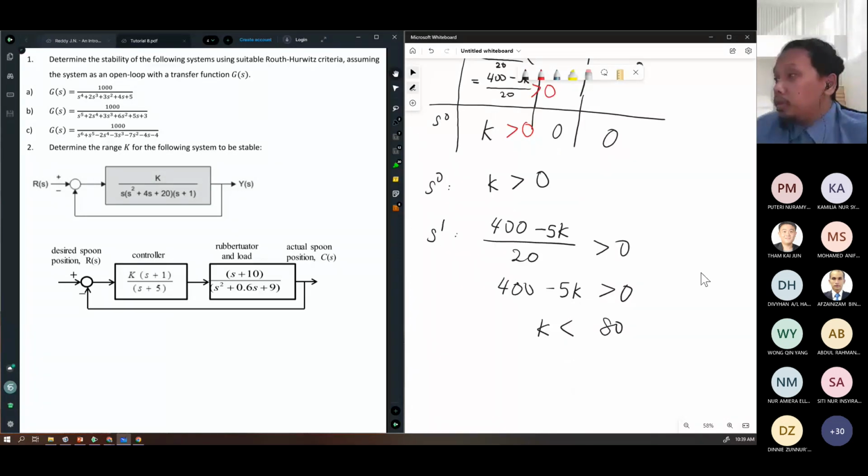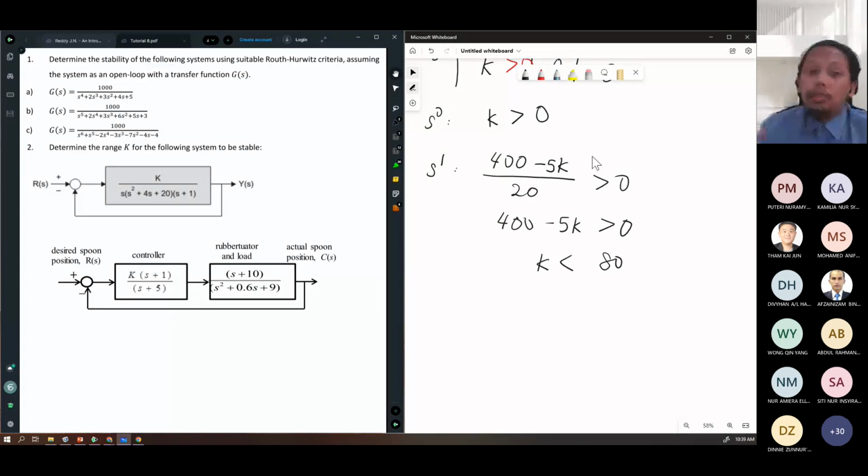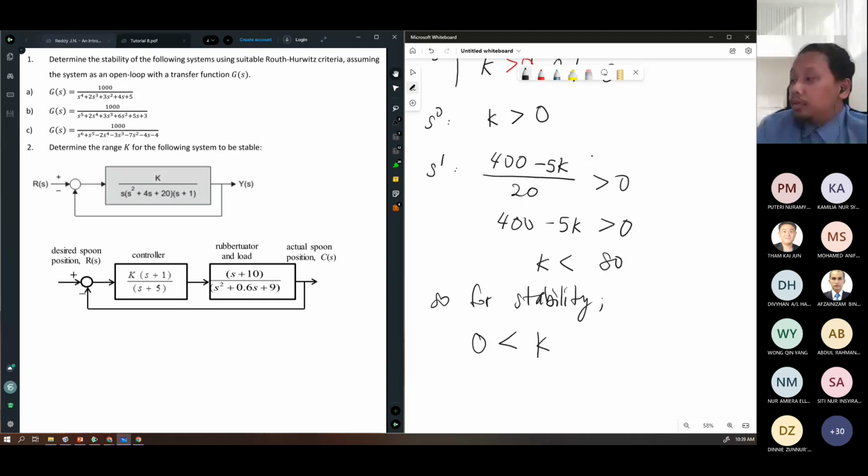Then from these two ranges of K, you combine them together. So for stability, K must be bigger than 0 and less than 80.